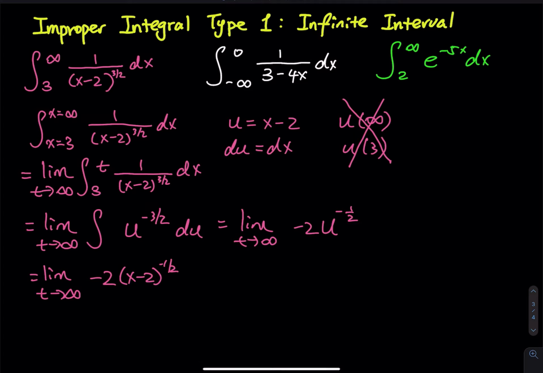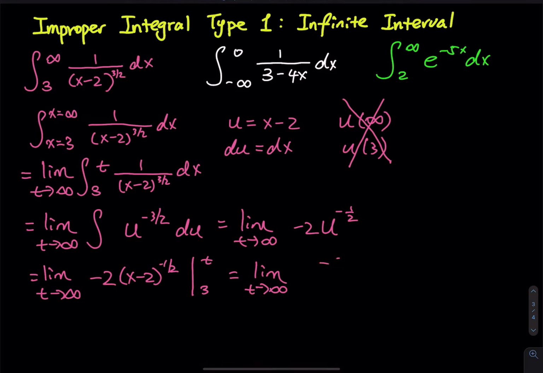Such that x goes from 3 to t. And then we have a limit as t approaches infinity.